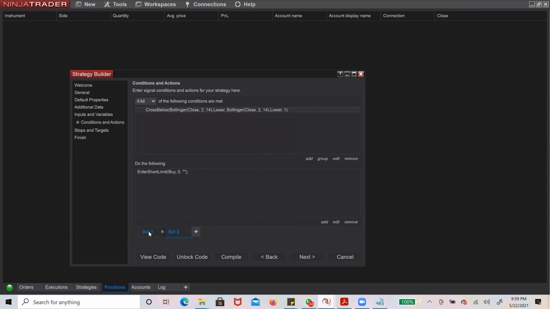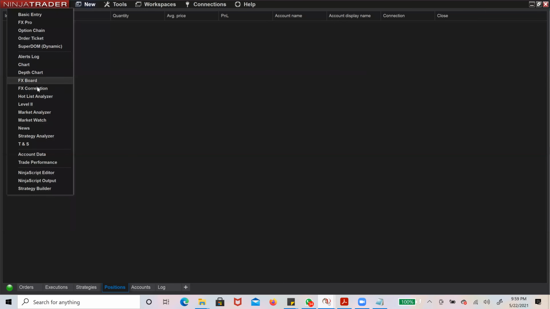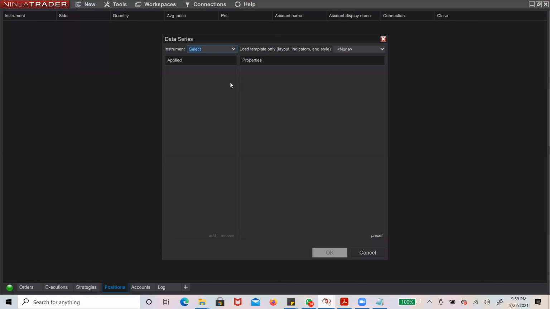Now what happens? I have one condition here and one condition here. And when the positions start, it's going to go back to the chart. Let me go back to the chart. NQ, nothing else, only NQ.